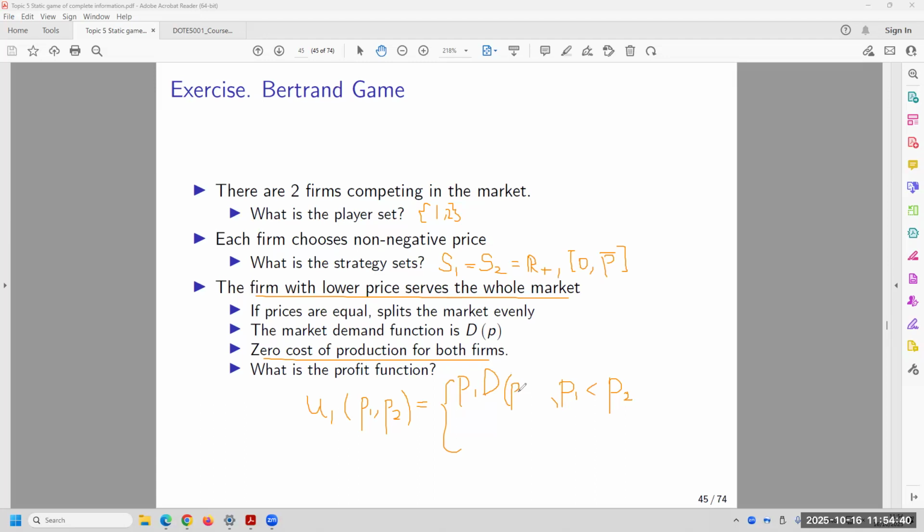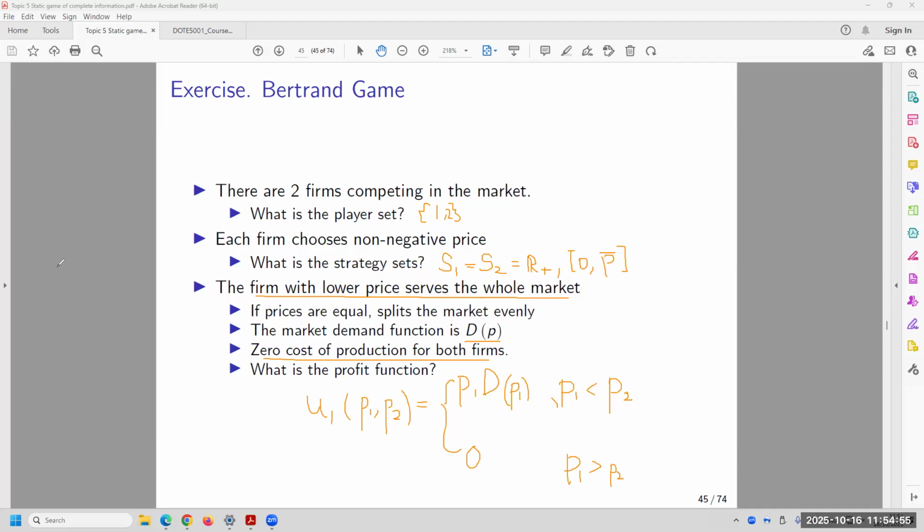So it's P1 times D of P1. If P1 is higher than P2, then I get 0. I don't have anything.